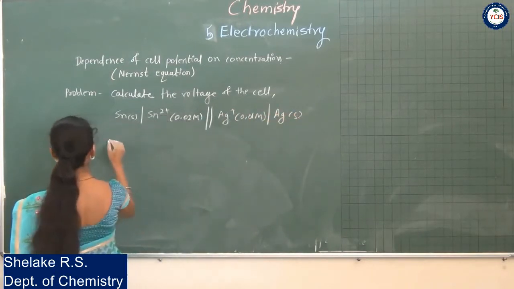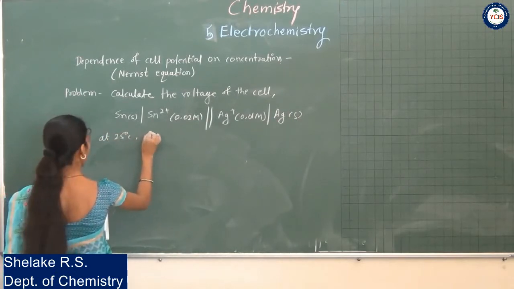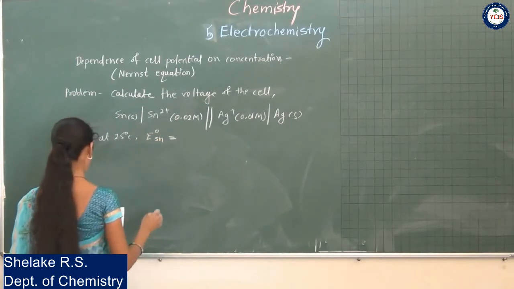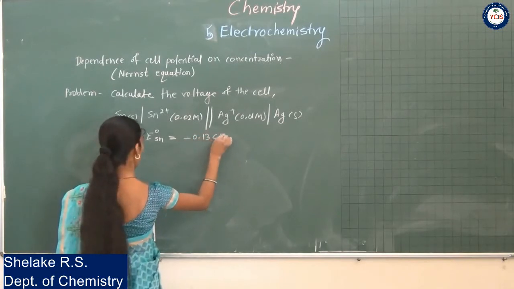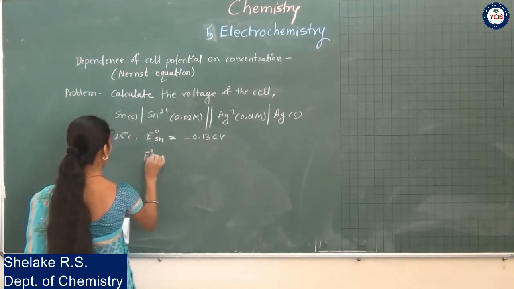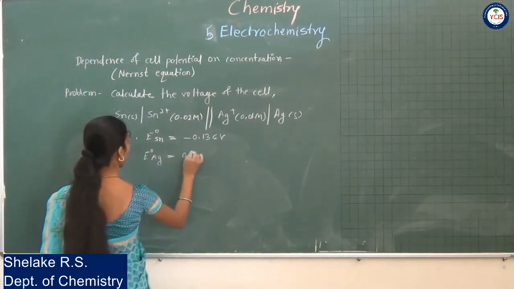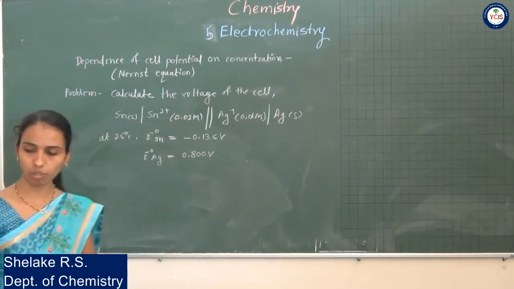Given quantities at 25 degrees Celsius: the standard electrode potential of Sn is minus 0.136 volt and the standard potential of Ag is 0.800 volt. From these given quantities, now we'll solve the problem.